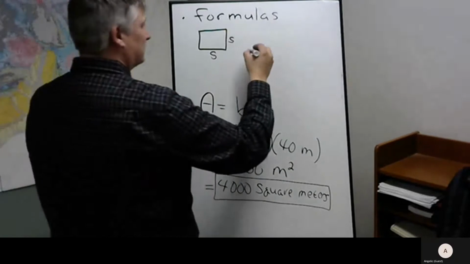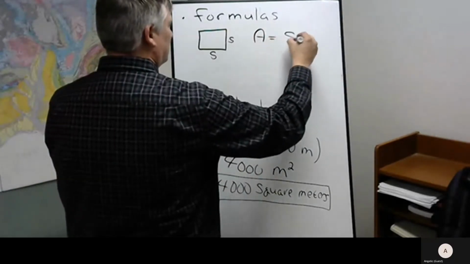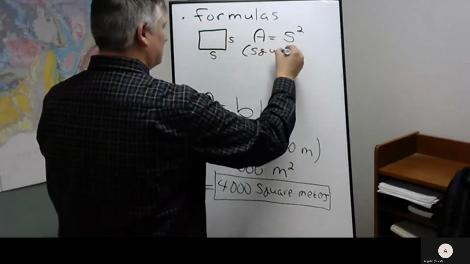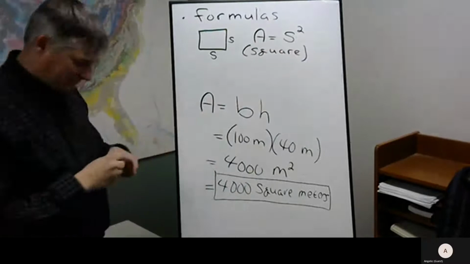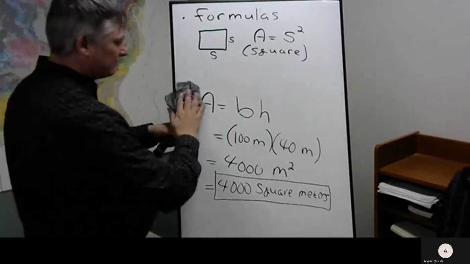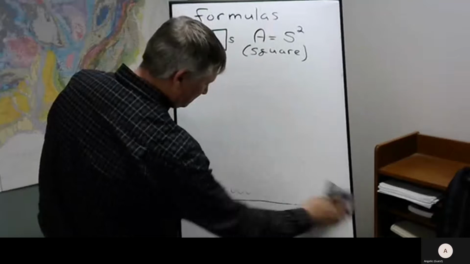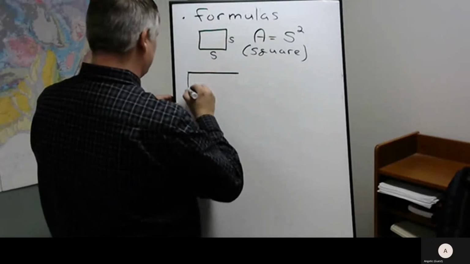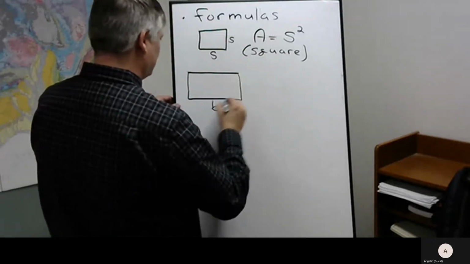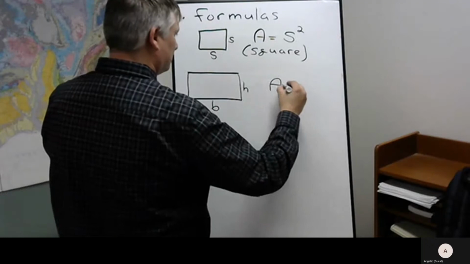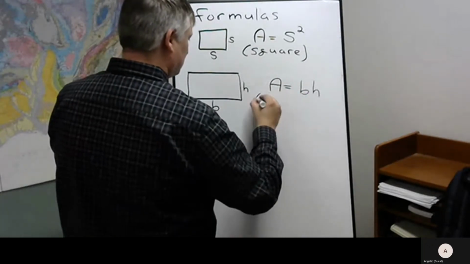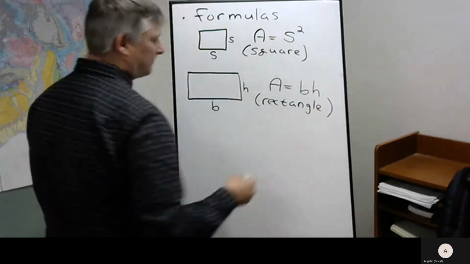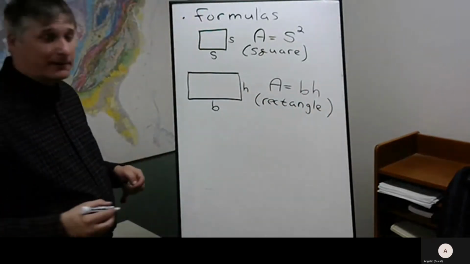So for the square, it's going to be s squared. For the rectangle, and then finally the parallelogram.